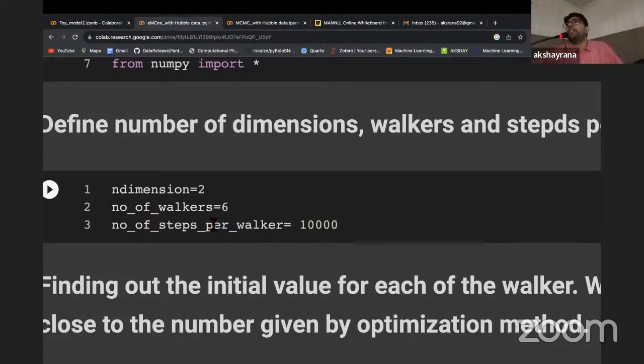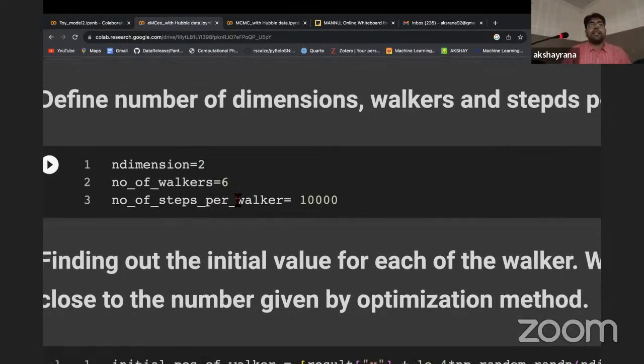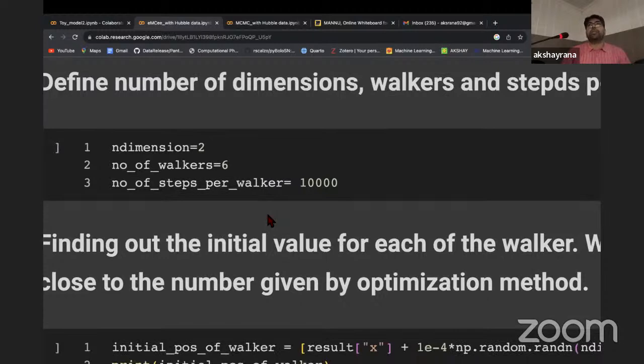Around that chi-square mean value, one walker will start from here, one from here, one from here. I have created 6 such combinations of initial points using chi-square analysis. Each walker will be moving 10,000 steps, one going this way, one that way.